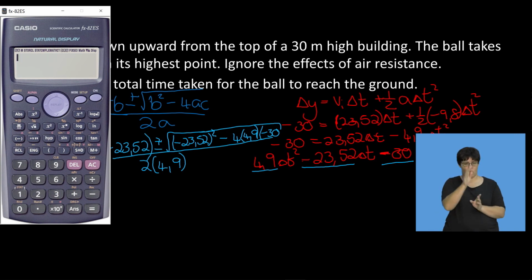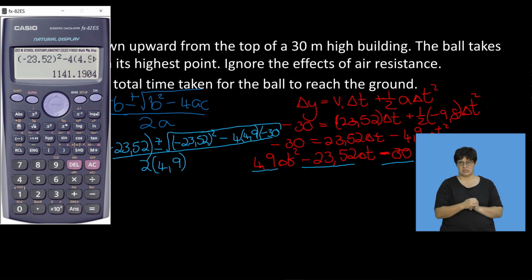So I've got minus 23.52 squared, minus 4 times 4.9 times minus 30.